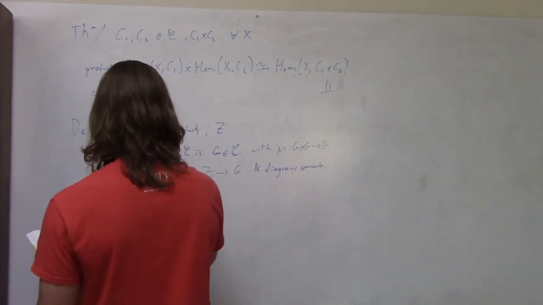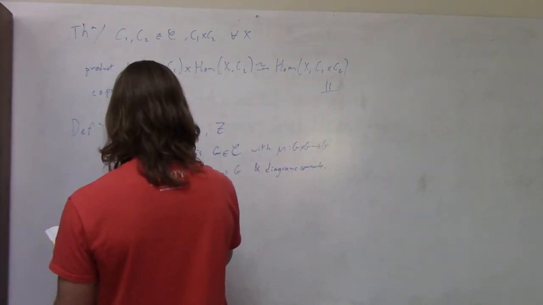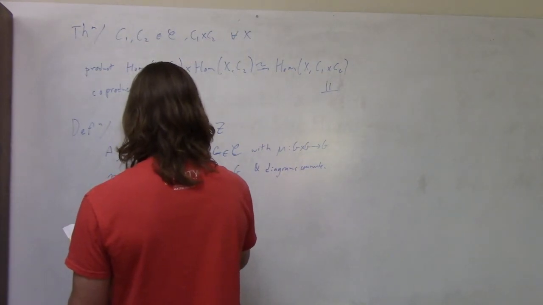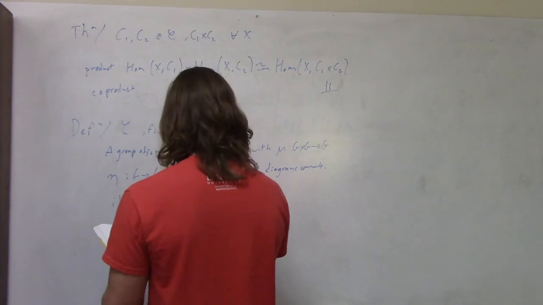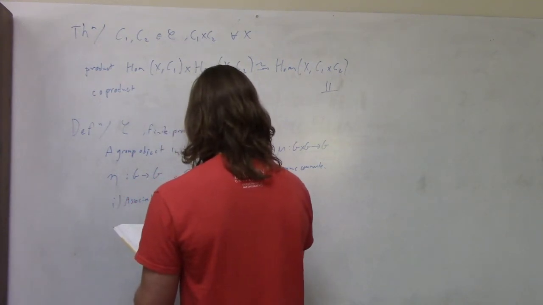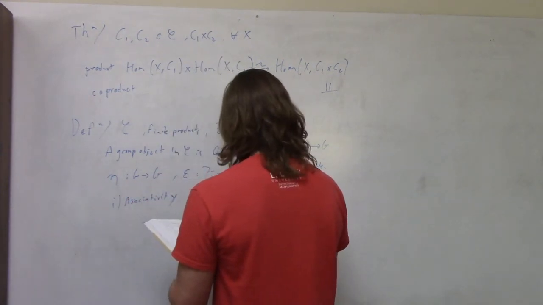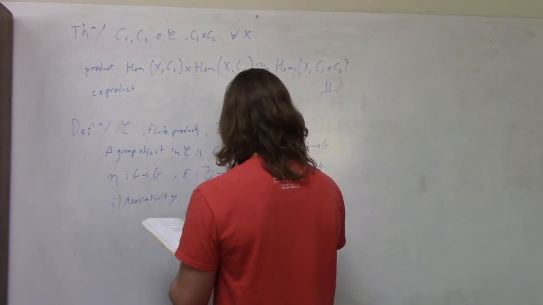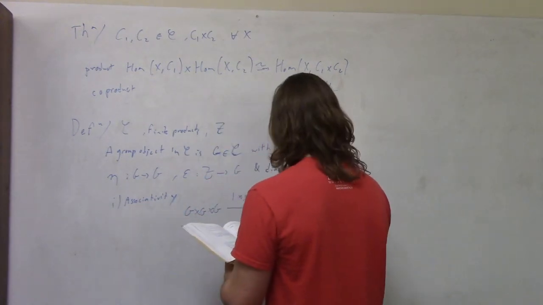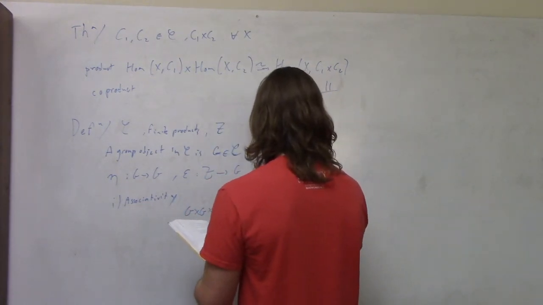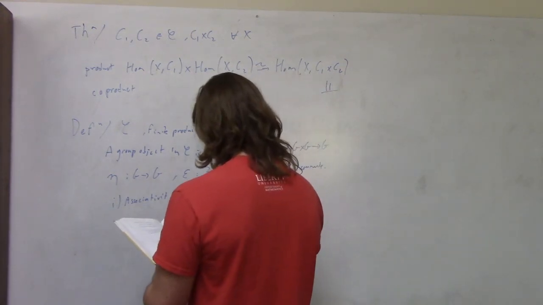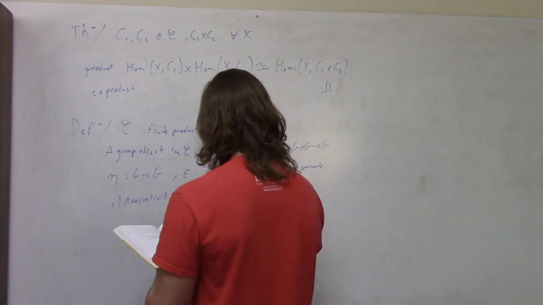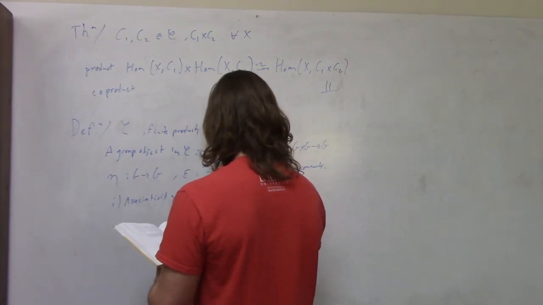Okay, one, we have associativity. So we have G cross G cross G, mapping identity cross multiplication. Okay, sorry.